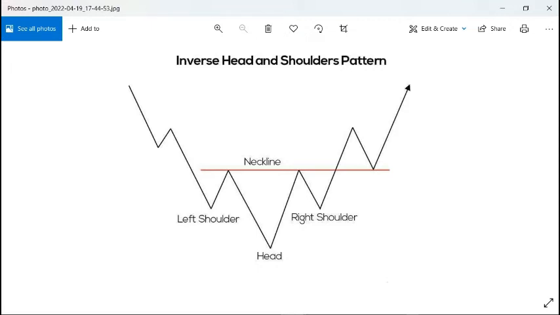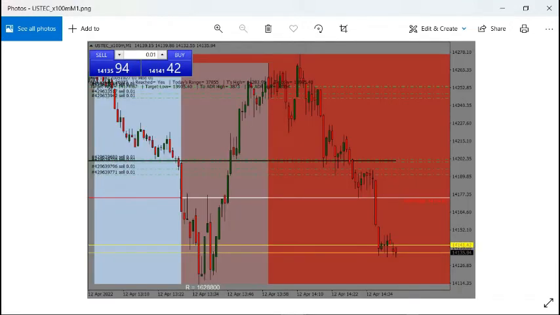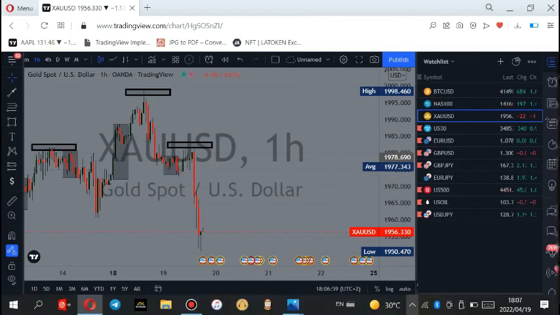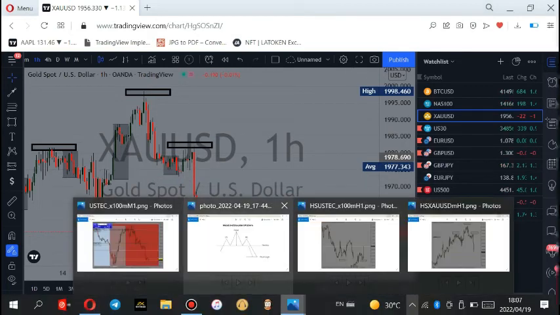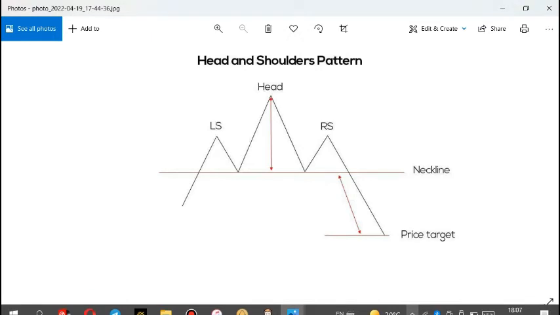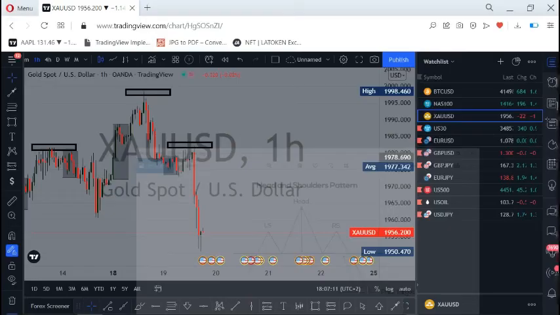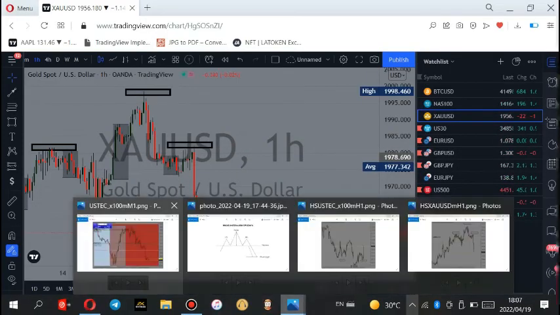So you'll be able to hold it for a long time. Sorry, this is the old one, not this one. Okay, so we said that this is our left shoulder, our head, our right shoulder.